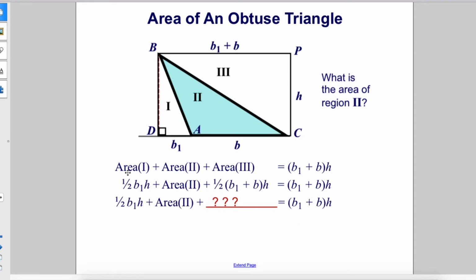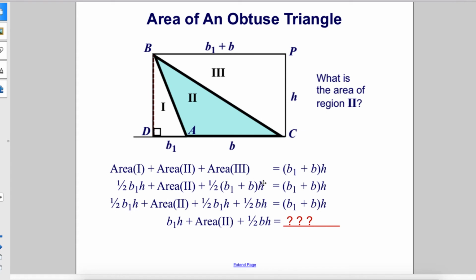Alright, so the area of just portion 1 here is 1/2 base times height, and in this case B1 is the base and the height is H. And the area for section 3 over here equals 1/2 base times height, and in this case the base is B1 plus B and the height is H. So how can we rewrite this?